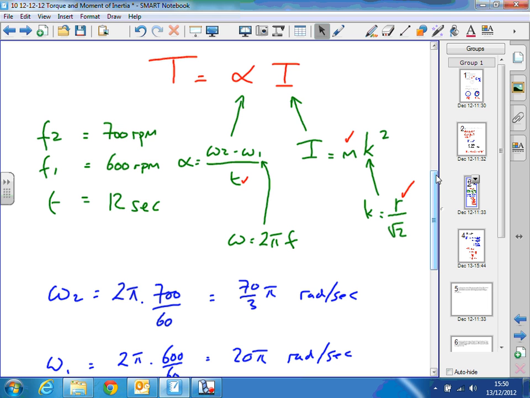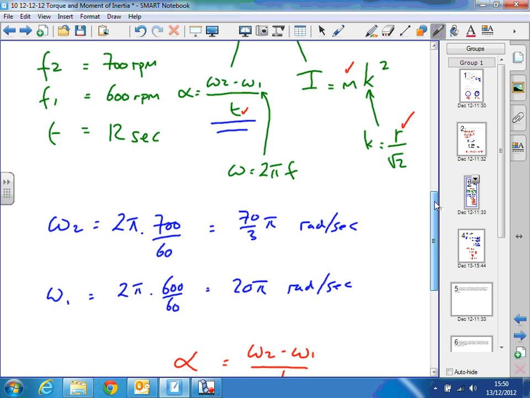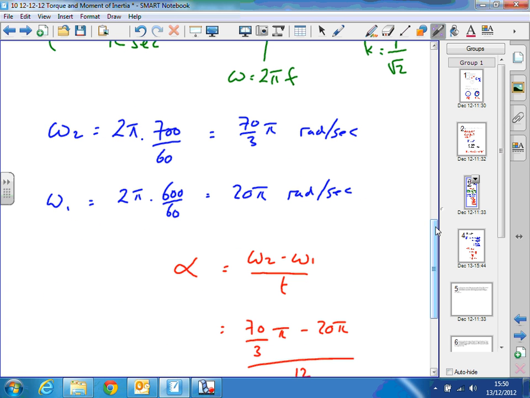First of all, let's find alpha. Alpha is given by this, so we need omega 2 and omega 1. Omega 2 is 2 pi times the frequency, which is 700 divided by 60, which turns out to be 70 pi over 3 radians per second.